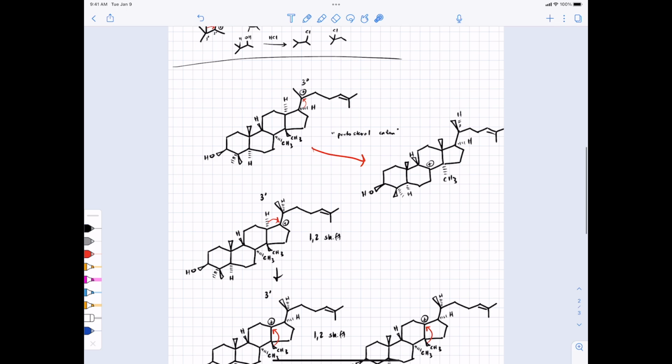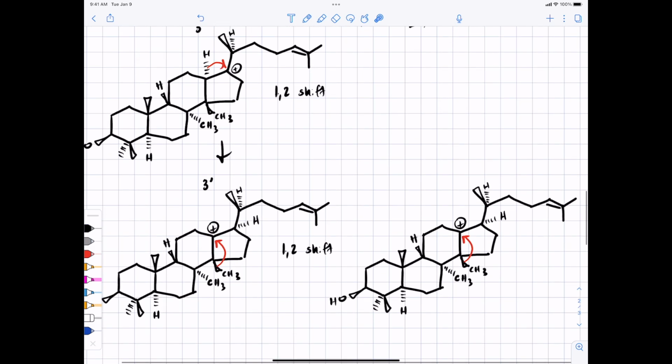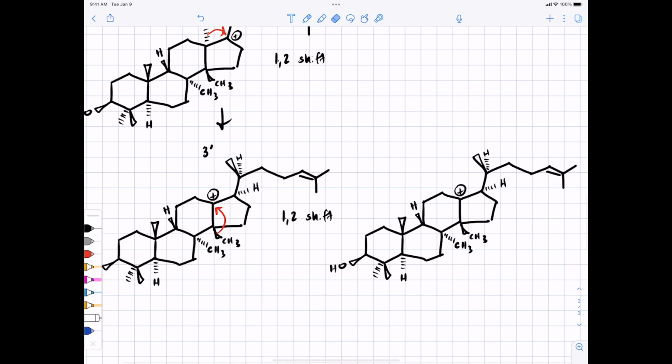What we're doing now is an entirely different thing. This is like a mechanism question. If I show you a starting point and an ending point and a carbocation rearrangement is required, I'll expect you to be able to determine where and when that occurred. All right? So the intermediate we get after that 1,2 methyl shift puts the up methyl group on this carbon.